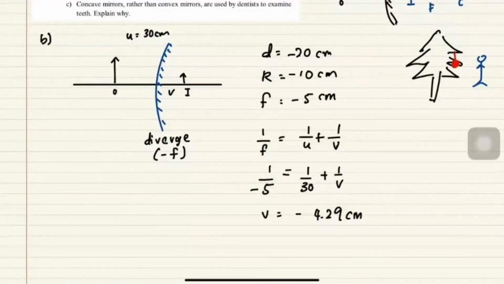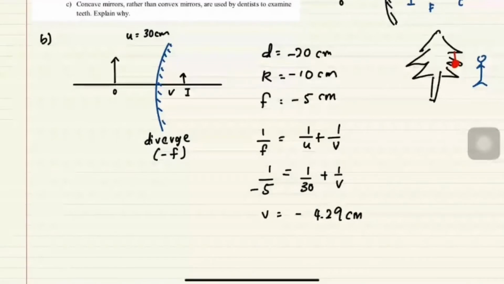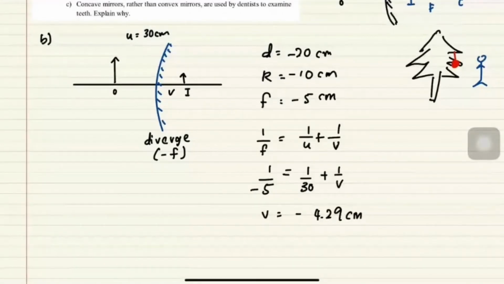So negative here means apa? The image is diverged, erect, virtual. Okay, kalau yang V kan, kalau dia positif ataupun negatif maksudnya dia adalah real ataupun virtual. Kalau negatif dia virtual lah, kalau dia positif dia adalah real. So here is negative, virtual. Okay, tapi bila ditanya pasal position you have to state lah whether the image produced is actually same side ke opposite side. Okay, kalau mirror, saya ulang balik lah, mirror ray daripada sini kan.